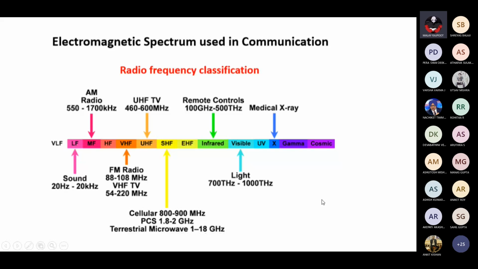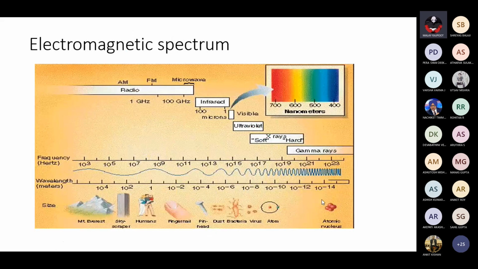In this picture, it shows we have the frequency and the wavelength. We know that frequency and wavelength are inversely proportional. And here it's mentioned the size of the instrument that we are going to use. If you see, at high frequency, the size of the instrument used will be very small. As the frequency increases, the size is getting reduced.